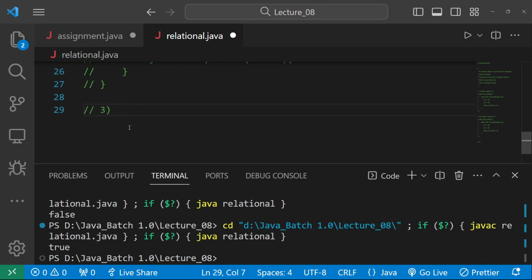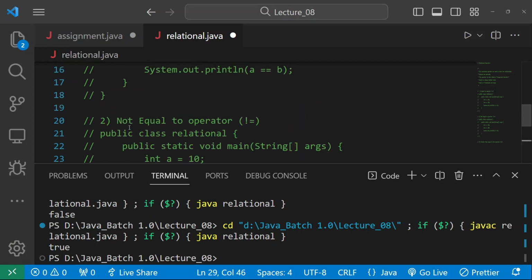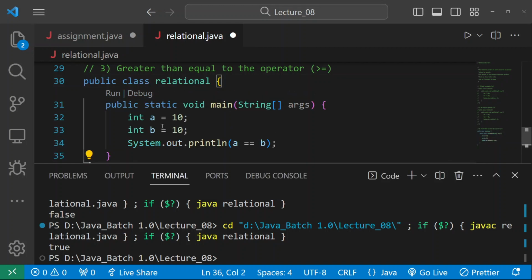Next we will be dealing with the greater than equal to operator. I hope the name itself makes it clear. Let me explain through an example.